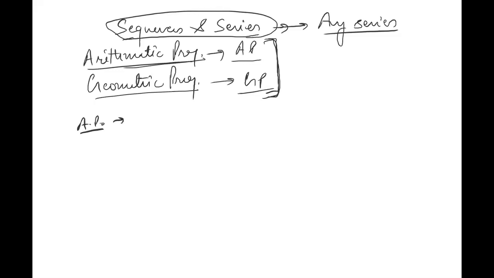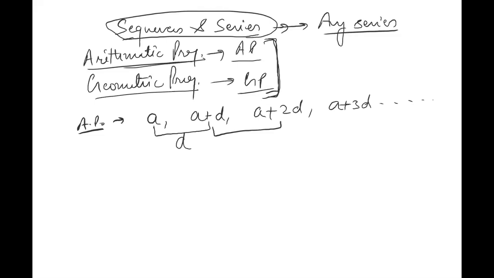Here it's like A plus D, A plus 2D, A plus 3D, and so forth. So that's an AP. The difference between them is D, difference between them is D. So that's what an AP is, arithmetic progression.